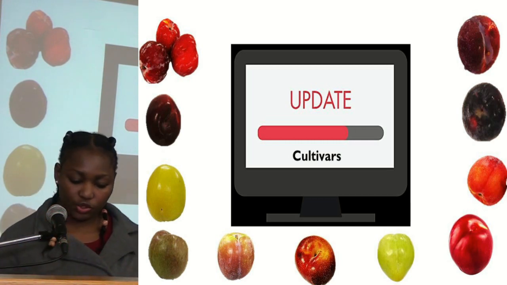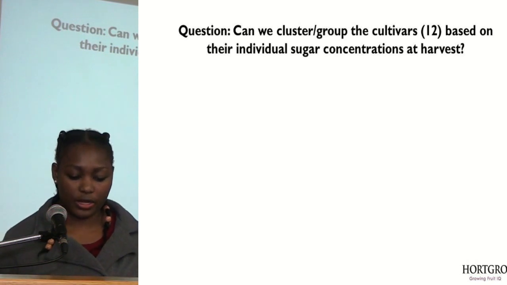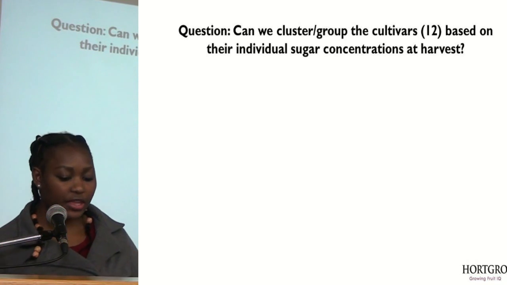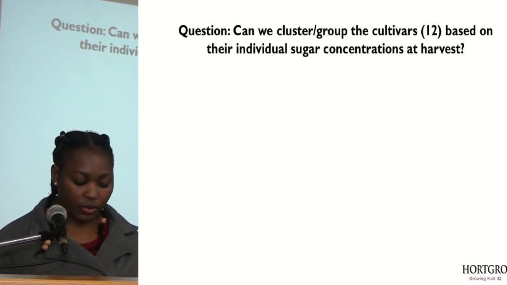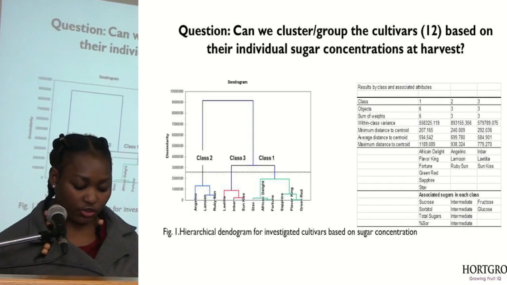We have managed to answer the question: can we cluster or group the cultivars based on their individual concentrations at harvest? In this case, we used GCMS to optimize the individual sugars.